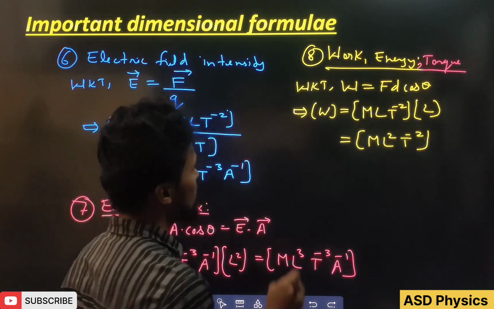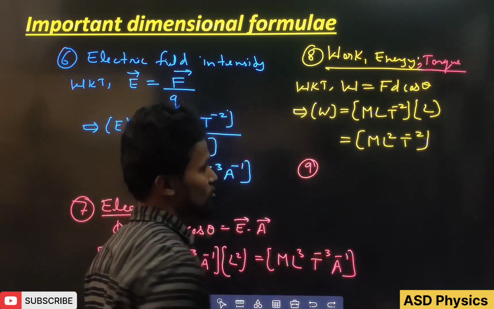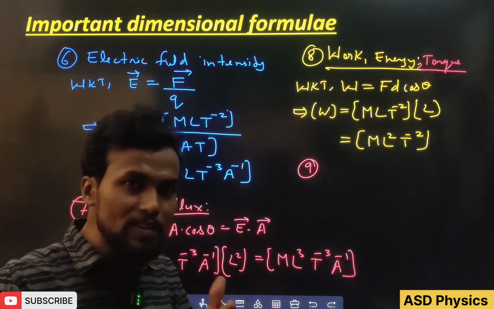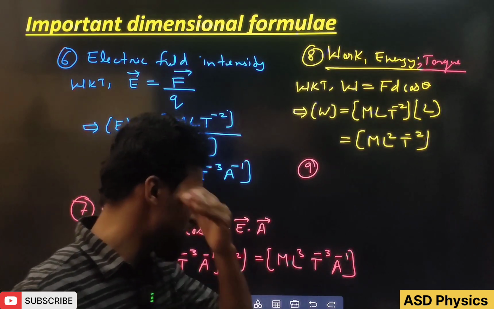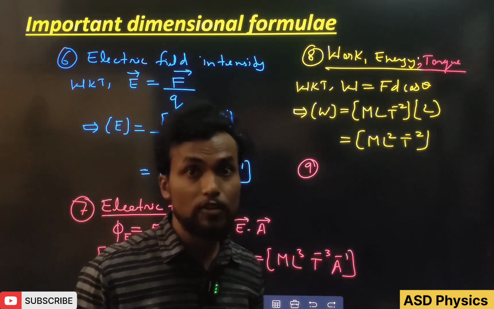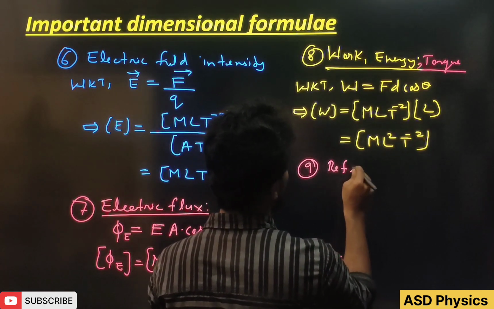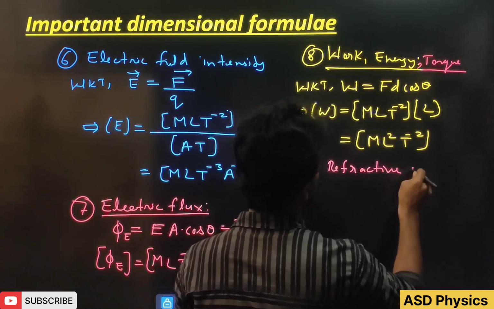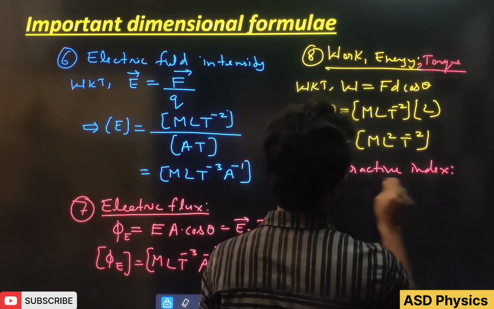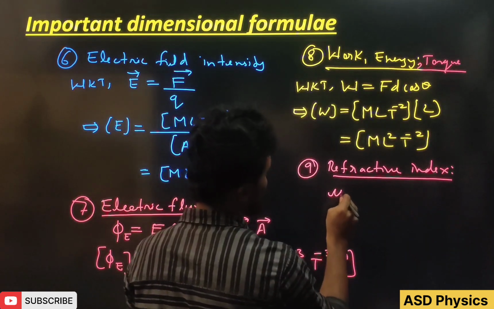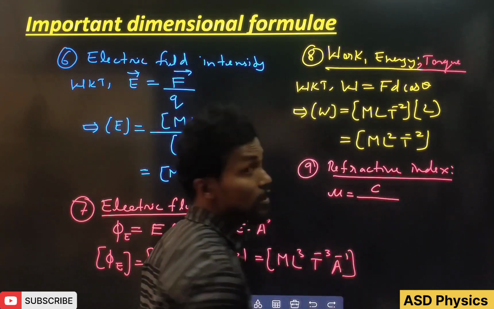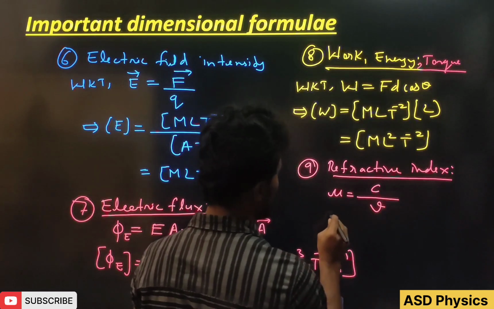That's why I have told you, but it does not mean that all physical quantities have a dimensional formula. Some physical quantities are dimensionless, like refractive index and relative density. Take the refractive index, very common in optics: speed of light in vacuum by speed of light in a medium.